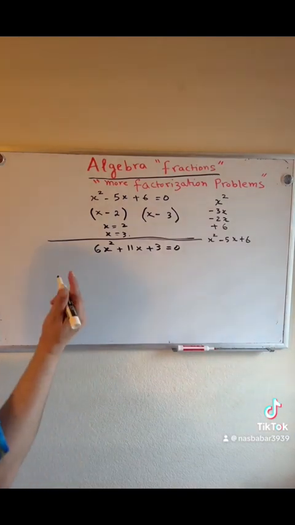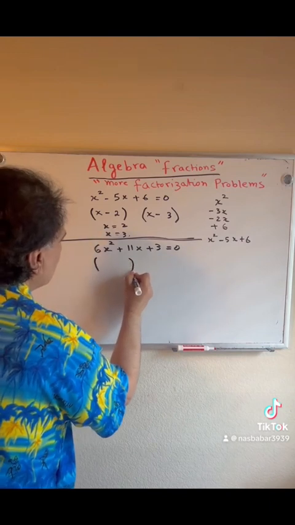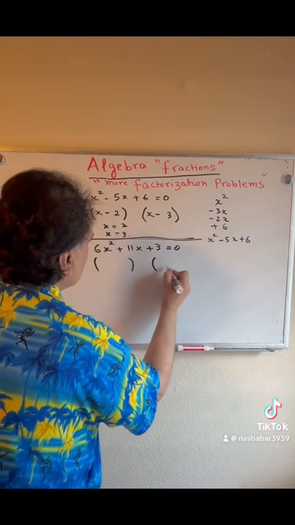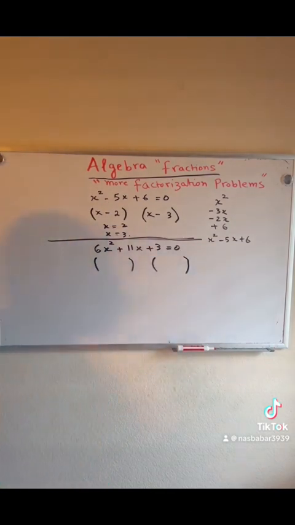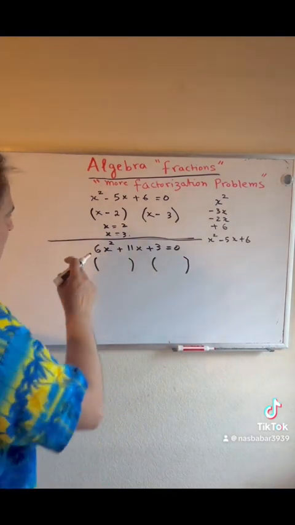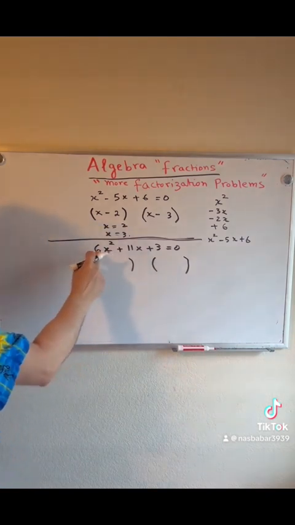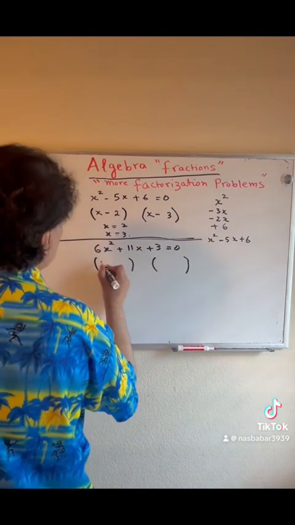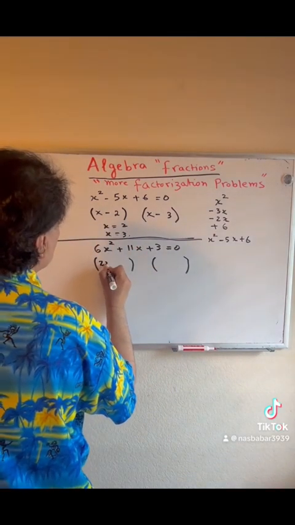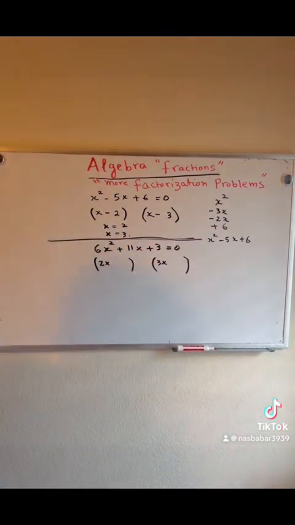The first step is to set up a pair of brackets, like this. You need to find two terms with variables which multiply to give 6x squared. Arbitrarily, I'm going to say 2x times 3x gives me 6x squared.